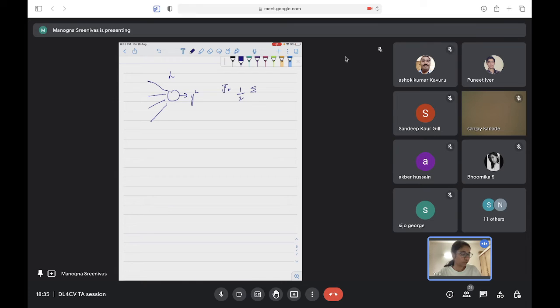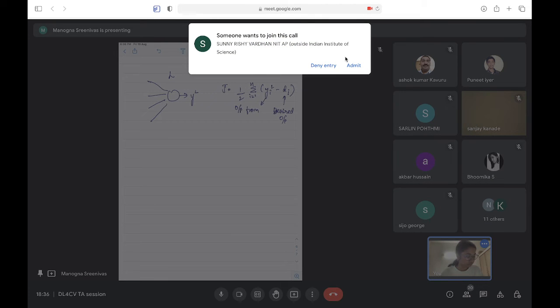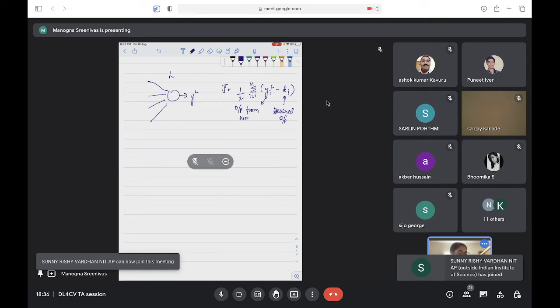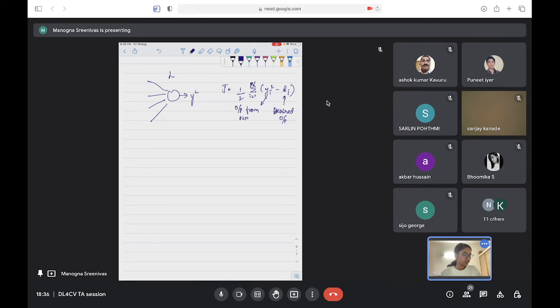That is, I'll use a summation, minus, say this is my desired output, and this is my output from the network. So I measure the mean square error, and I have capital N samples. So this is one standard way to measure loss.